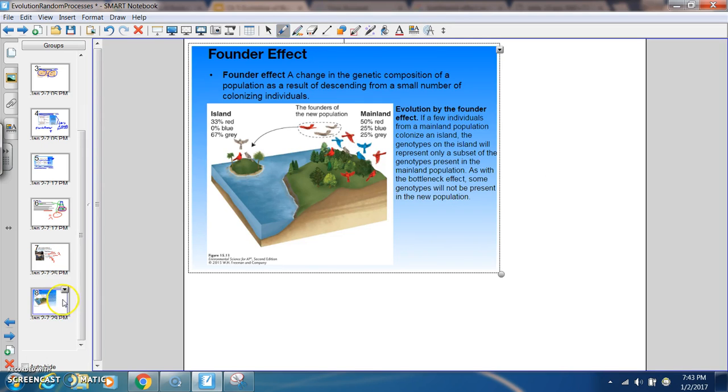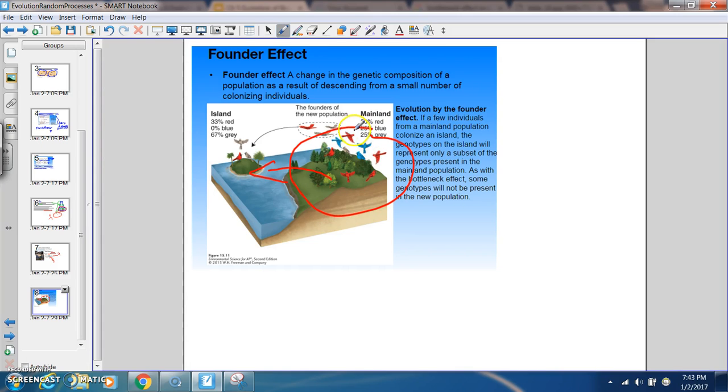And then the last one I want to talk to you about is the founder effect. This is basically a change in the genetic composition of a population as a result of descending from a small number of colonizing individuals. So basically you have a mainland, and this mainland has all of this diversity here. A few individuals decide that they want to fly to another area, and they by chance come across an island, and they colonize there and populate there.